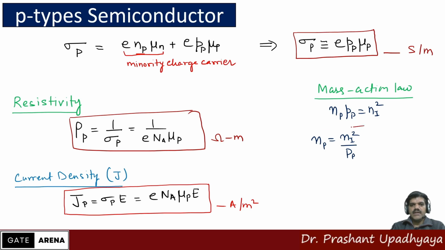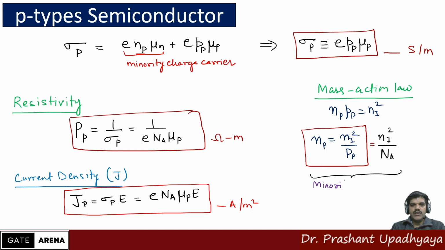So I can write this equation as n_i square by N_A. This equation refers to the minority charge carrier concentration.